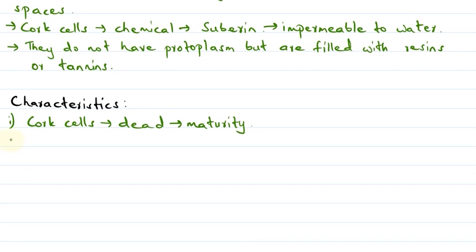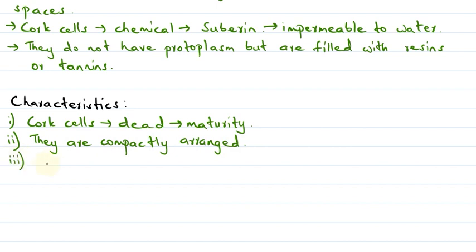Then the next characteristic feature is that these cells are compactly arranged. That means they do not have any intercellular space.